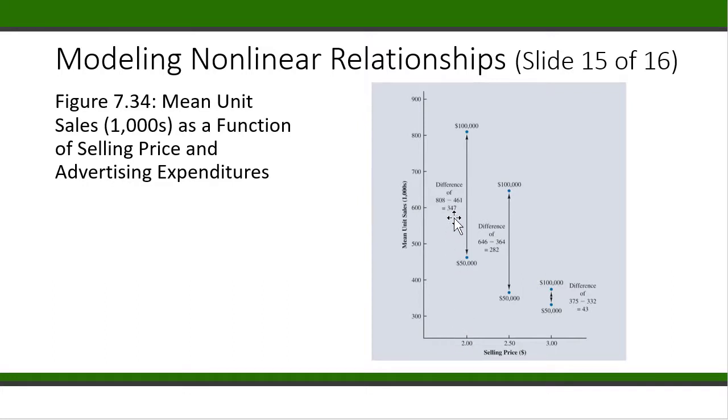And we can see for $2 that if we spend 50,000 up to 100,000, that difference is 347,000 units. For 2.50, it's the difference between spending that is 282,000. And then if the price was $3, the difference is only 43,000 if we spend the additional 50 to 100,000 in advertising on the number of units sold. So there's an interaction of price here and advertising expenditure. And so that's what this is showing.